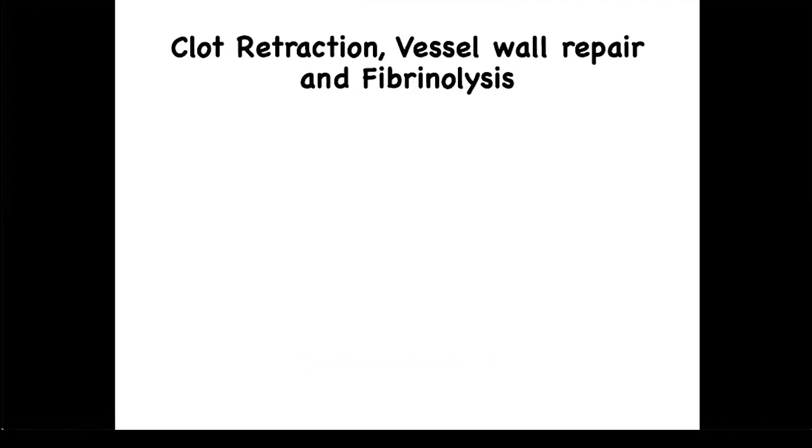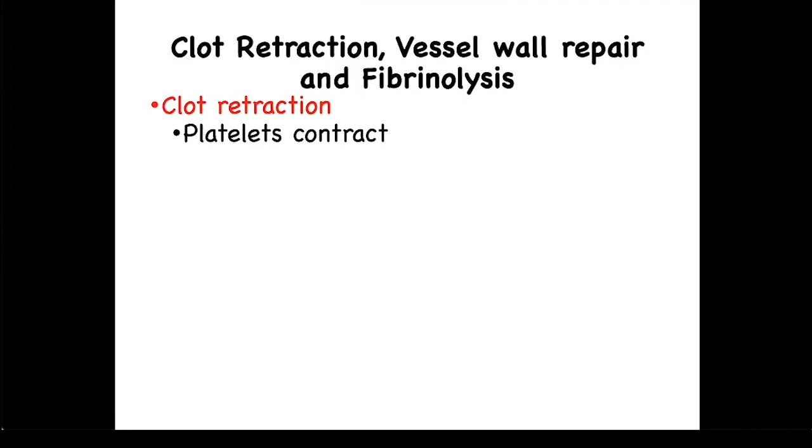Finally, let's look at clot retraction, vessel wall repair, and fibrinolysis. So we'll start with clot retraction. Platelets have two contractile proteins. Those are myosin and actin. These should sound familiar to you from muscle.